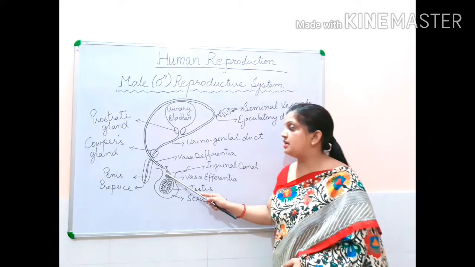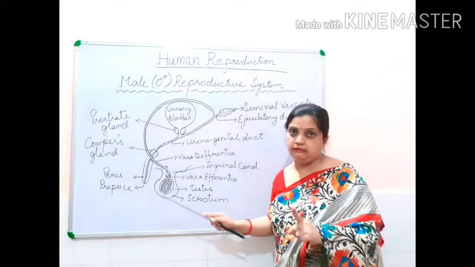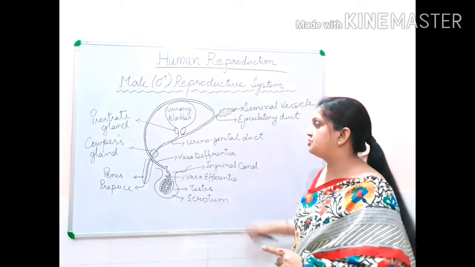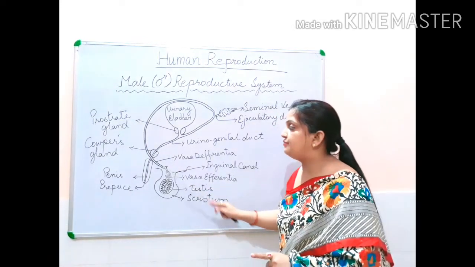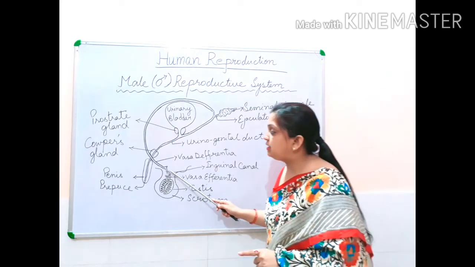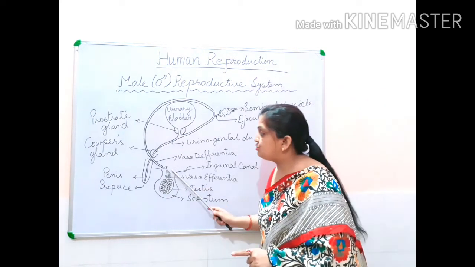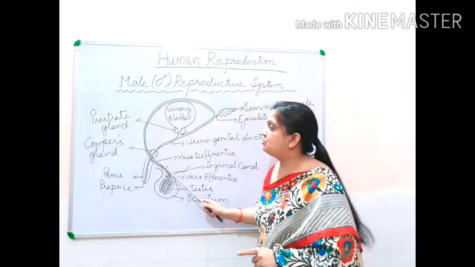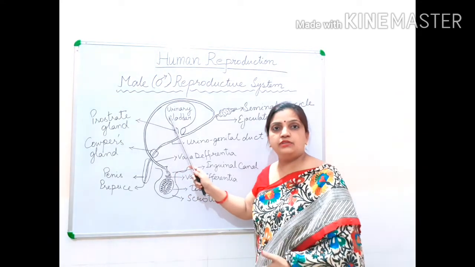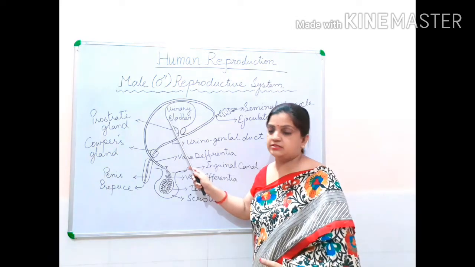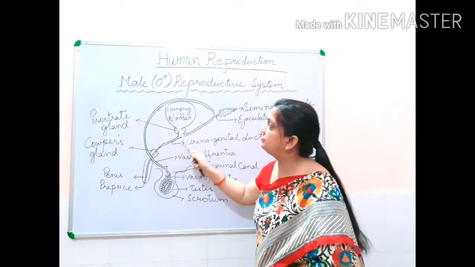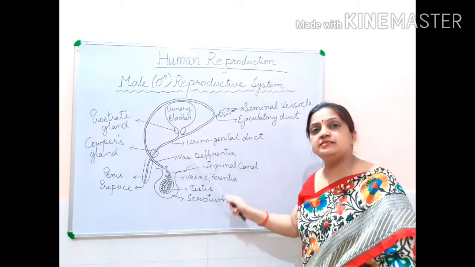Then this vasa efferentia turns into a single duct-like structure, and that duct is called the vas deferens. So this vas deferens moves internally, passing through the inguinal canal into the internal part of the abdomen, the pelvis region of the male reproductive system, and the rest of the reproductive part is inside the male body.